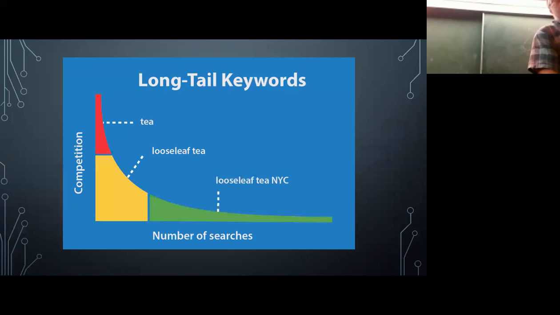If somebody's searching for loose leaf tea, this cuts the size of people searching down a lot. If they're searching for loose leaf tea in New York City, it cuts it down even more. Well, loose leaf tea in Victoria, you might actually only get one or two places in Victoria that satisfy that need. So this is the idea of the long tail.